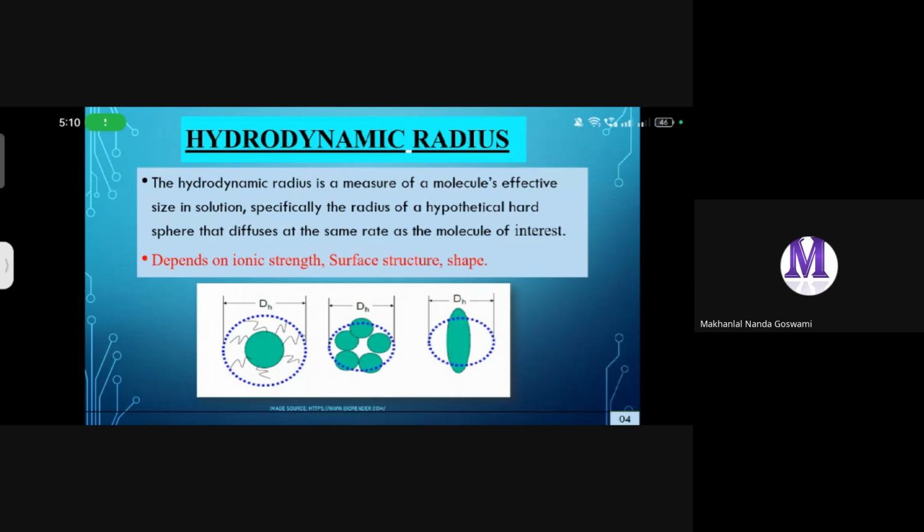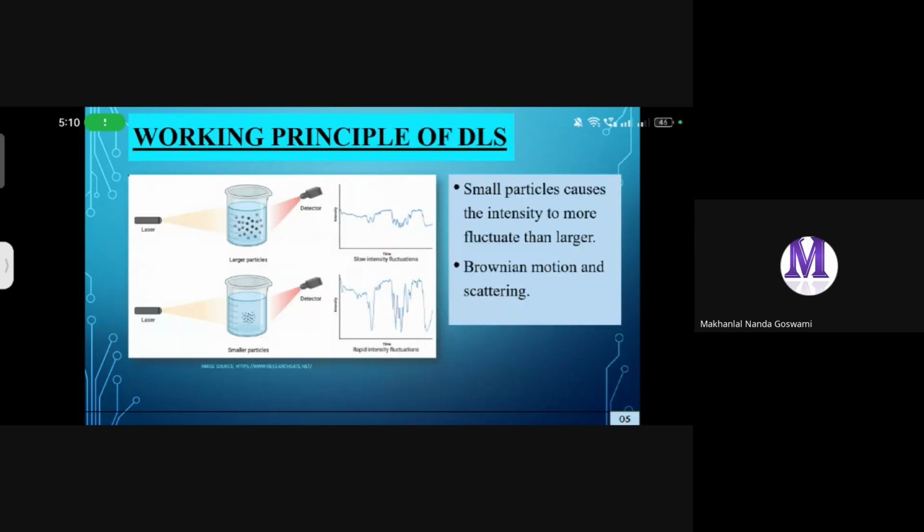This radius is affected by factors such as ionic strength, surface structure and shape. As you can see in the figure, there are three different particle shapes: sphere, cluster of spheres and elongated sphere, illustrating the concept that the measured size includes not just the core but the surrounding solvent layer as well.